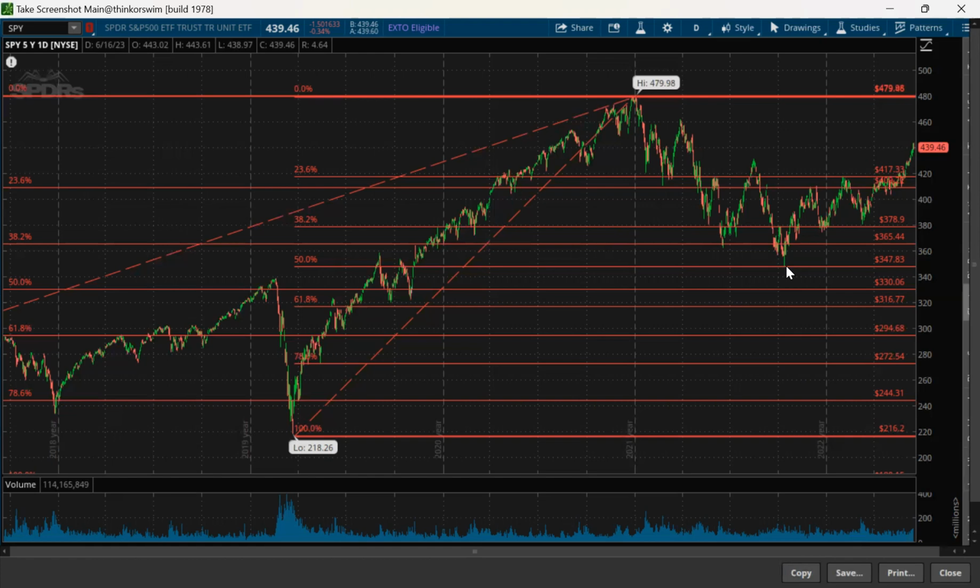So that's exactly what happened here. It touched off of the 50% retracement of the COVID fib sequence and started rallying.